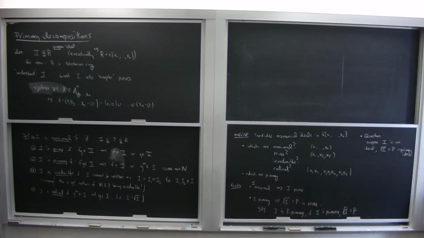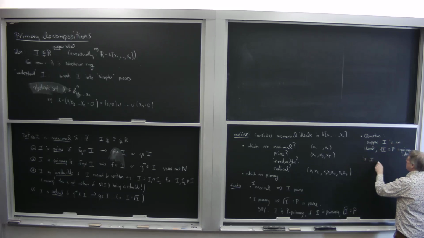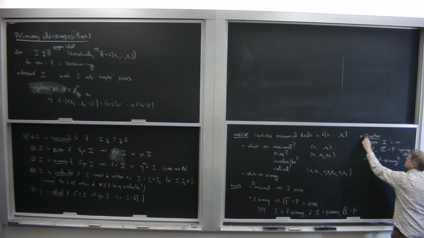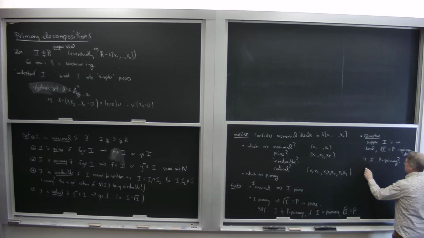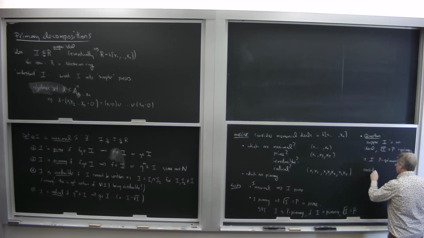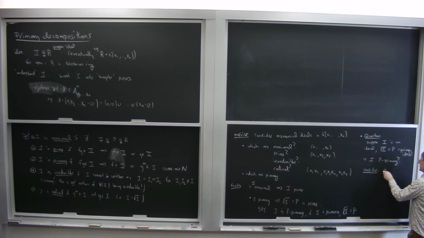Is I primary? Is I P-primary? You can consider the following ideal. Consider I equals ⟨x², xy⟩. The radical of I is ⟨x⟩ because x is in there and xy, so that's the only thing.